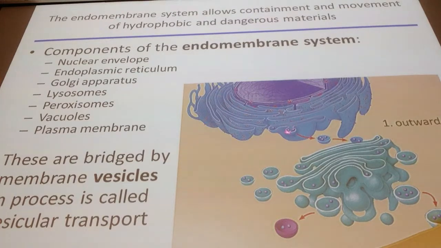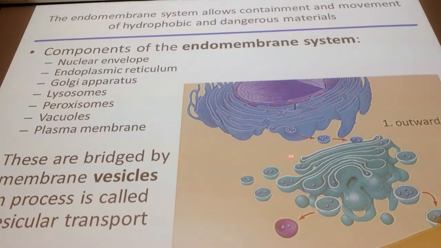And then these proteins, whether they're soluble or membrane bound, the ER membrane pinches off into something called a vesicle. And then that vesicle is transported, therefore vesicular transport, to the cis face of the Golgi. And then they get dumped in there.